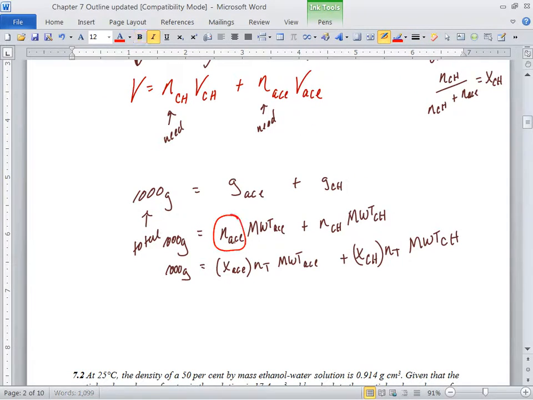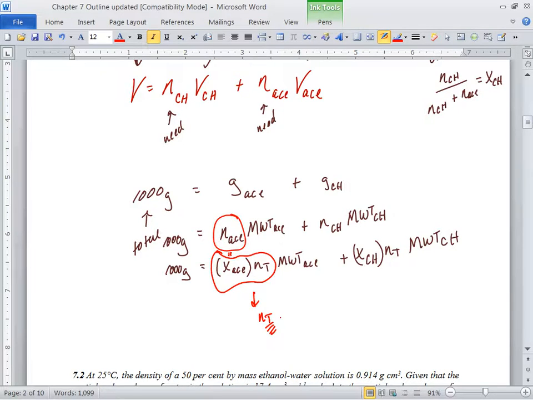This is equal to this, right? You take mole fraction times the total, and then you get the moles of it. That makes sense? That's what I did for both of these. Then you solve for n total.